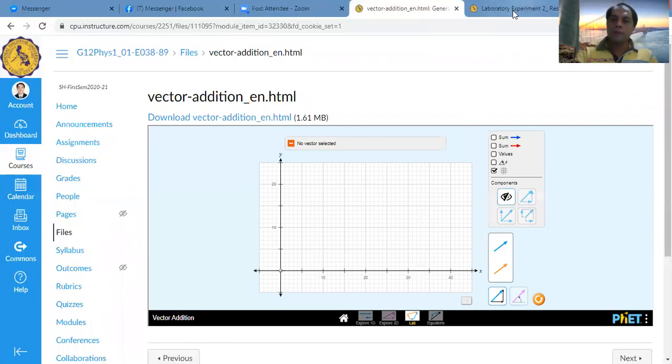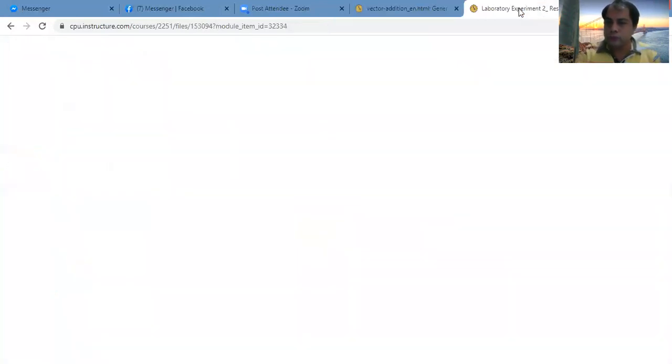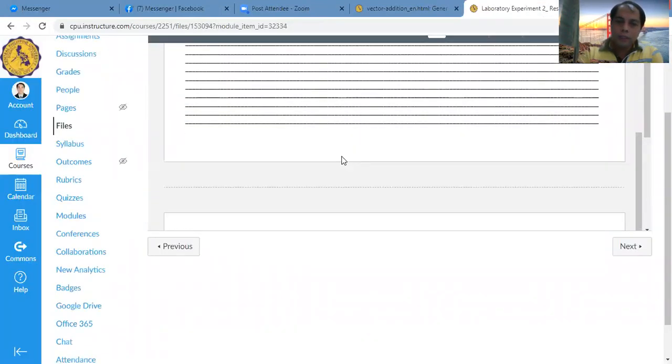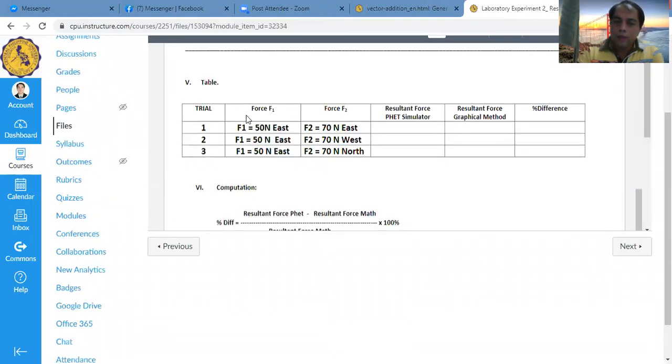Now, for our activity, we'll be measuring the values of the resultant of 3 different trials. And the 3 different trials involve forces F1 and F2.